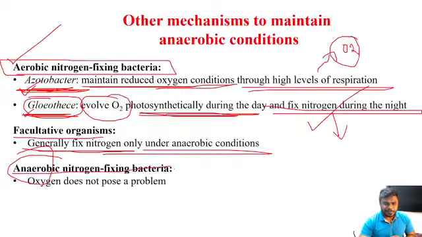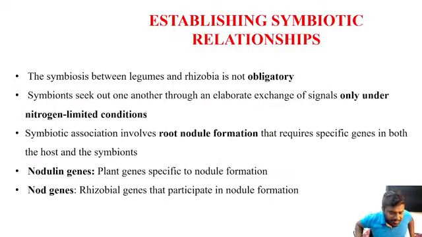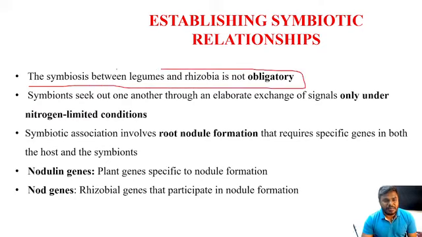Simple concept. Now listen. I was continuously saying to all of you that plant and bacteria are going to maintain the symbiotic relationship. Now see here, there is an important line written here. The symbiosis between the legumes and rhizobia is not obligatory.